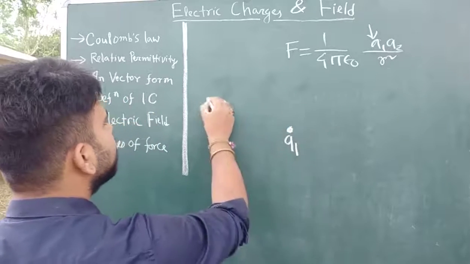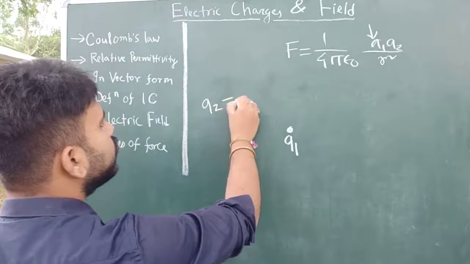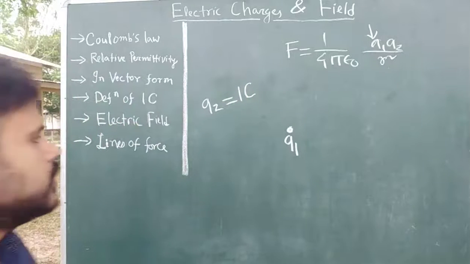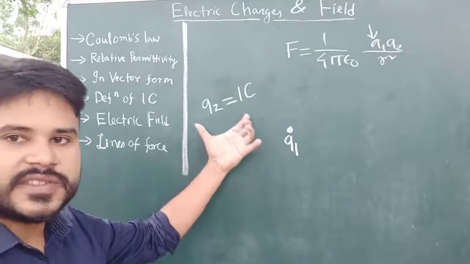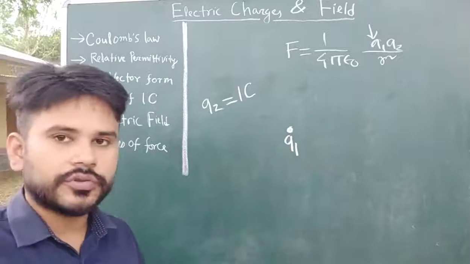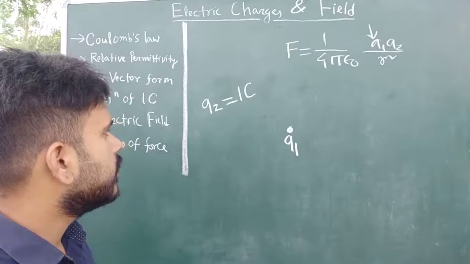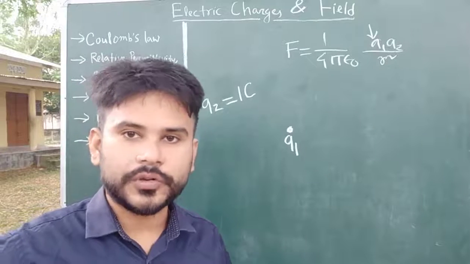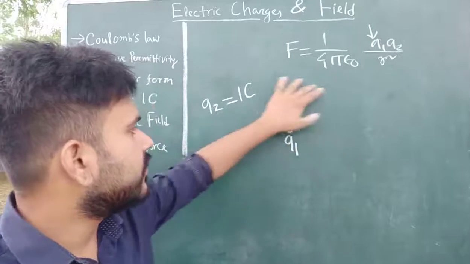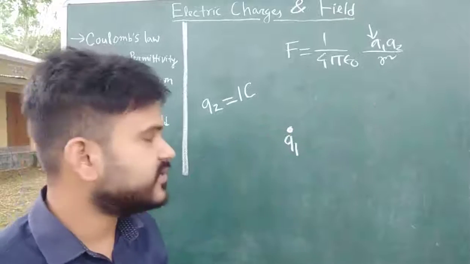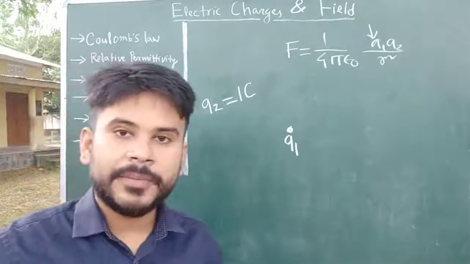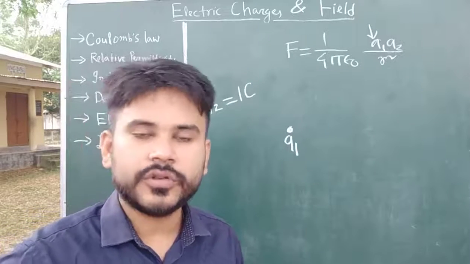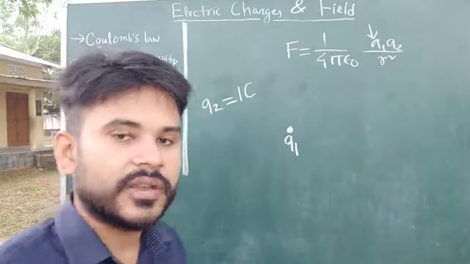To define electric field, we need to put Q2 as 1 coulomb. So this Q2 is the test charge and this Q1 is the source charge. If we bring a test charge of 1 coulomb to the vicinity of the Q1 charge, then the force applied by Q1 on the Q2 charge is called the electric field intensity.